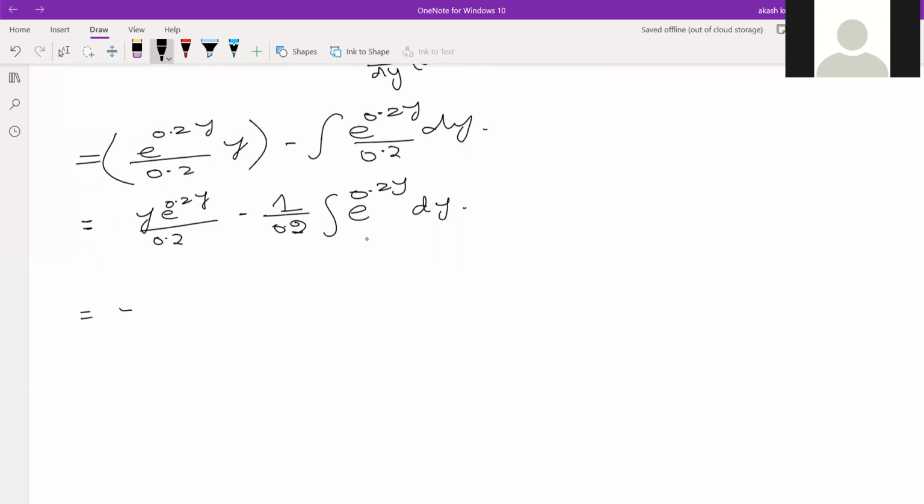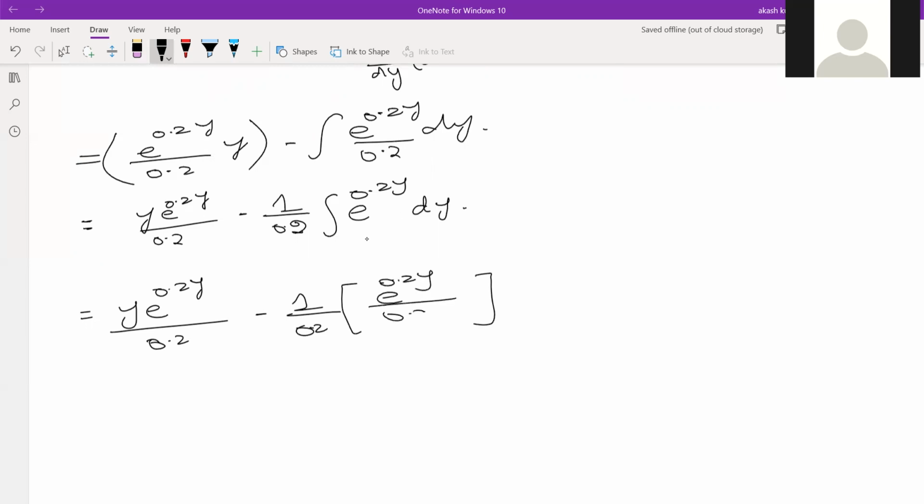So we have y e raised to the power 0.2y divided by 0.2, minus 1 over 0.2 times the integral of e raised to the power 0.2y, which is e raised to the power 0.2y divided by 0.2, plus constant.